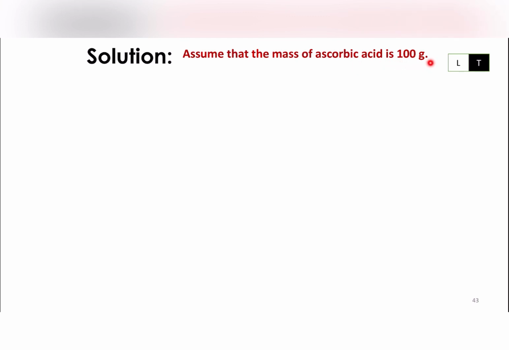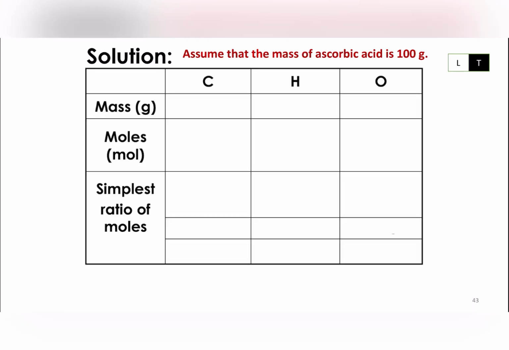This is very important because you are going to use the mole table, where the first row is mass in units of gram, but the information is given in percentage by mass. That's why the statement at the top is very important. So please be careful when you answer this second method for determining the empirical formula.